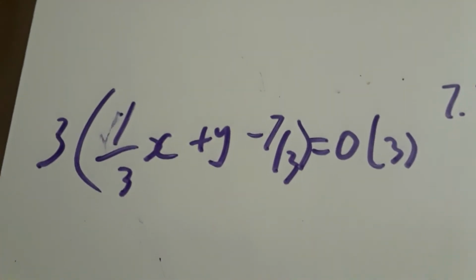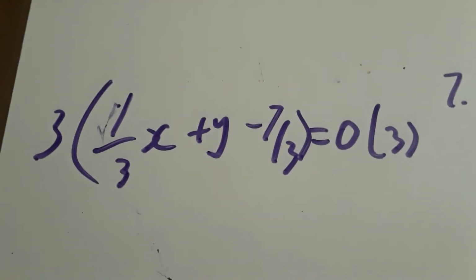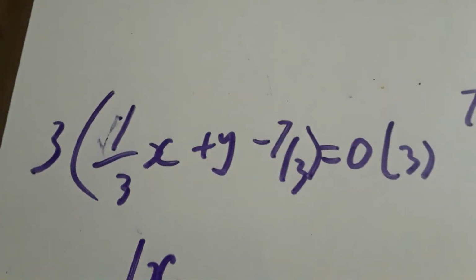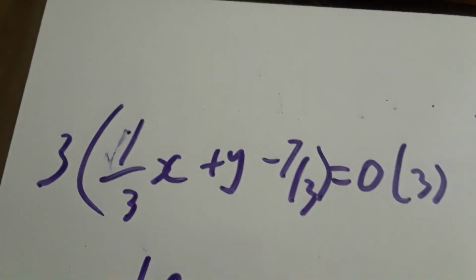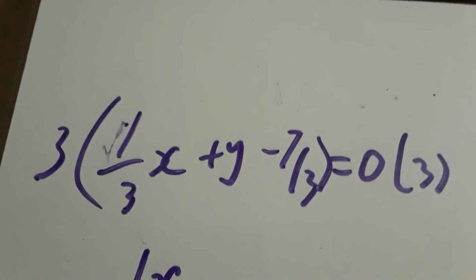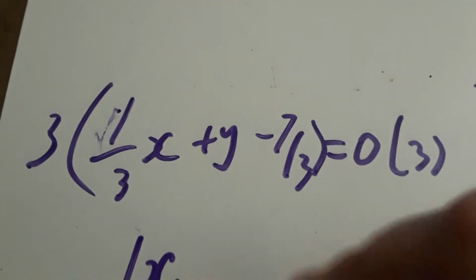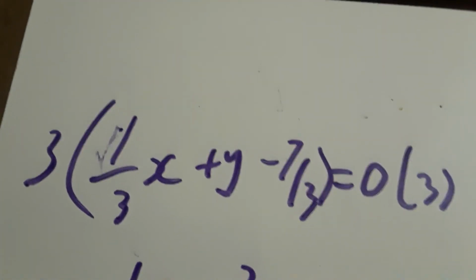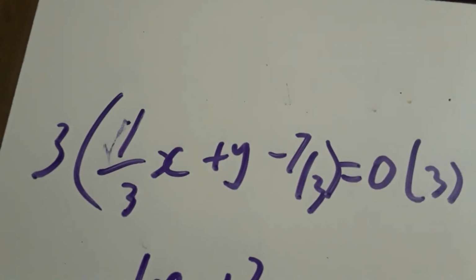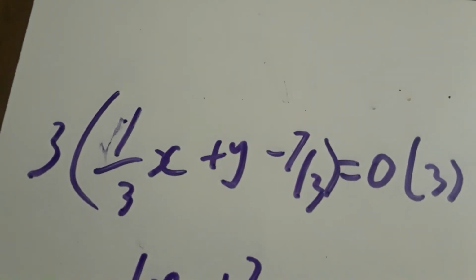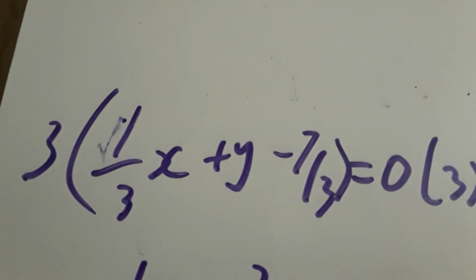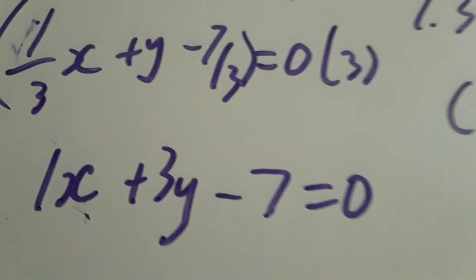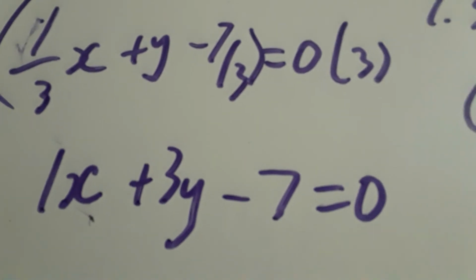So 3 times 1/3, well, 1/3 of 3 is 1, so we end up with 1x. 3 times y, don't forget you're doing the distributive property here, so everything inside the bracket has to be multiplied by 3. So you end up with 3y, and when you multiply 3 by negative 7/3, the 3's cross out, and you end up with negative 7 equals 0.